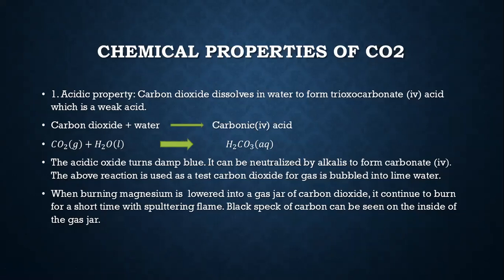So that means that CO2 has a special kind of reaction or behavior with what? Magnesium. And in that reaction, you are going to have a black speck of carbon formed, which is going to be seen inside the gas jar as the reaction proceeds.